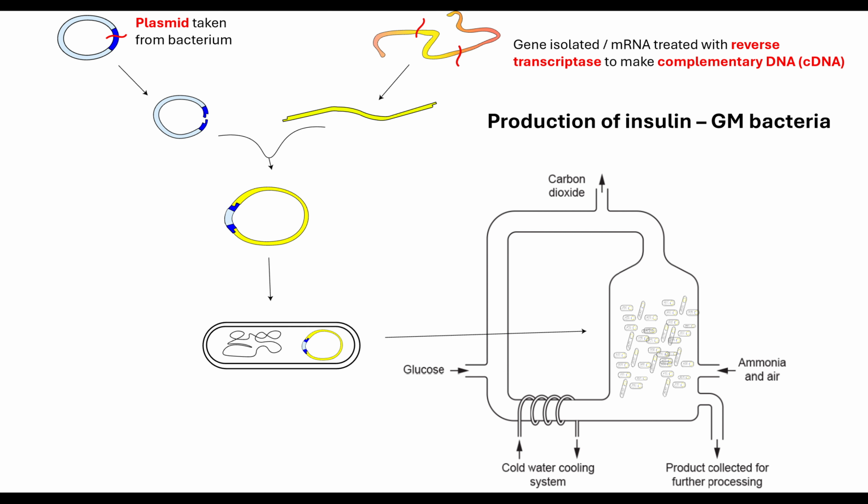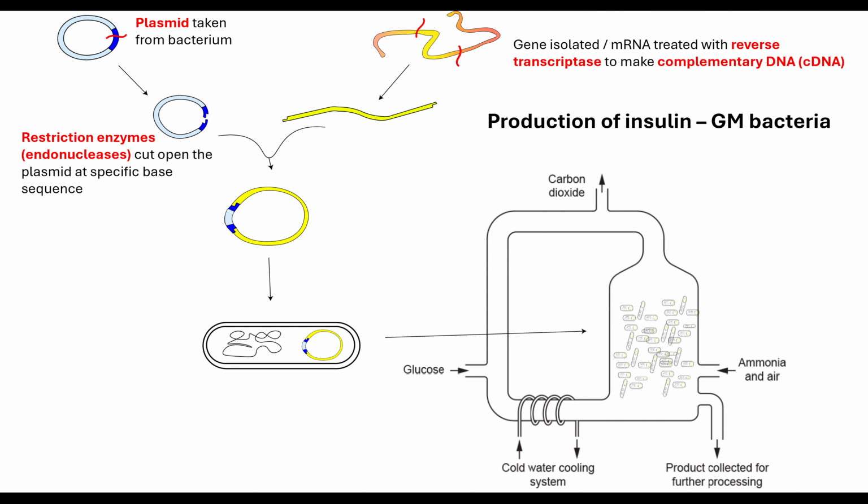We would isolate the gene, either isolate the gene itself from the DNA strand, or we can use mRNA, which would be treated with reverse transcriptase to make complementary DNA. What we can then do is use restriction enzymes called endonucleases, which will cut open both the plasmid at a very specific base sequence and the gene.